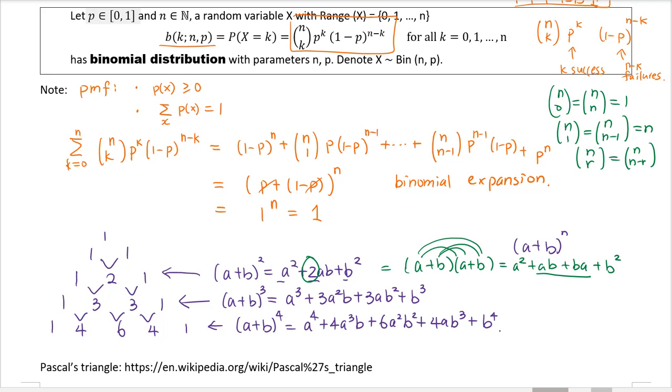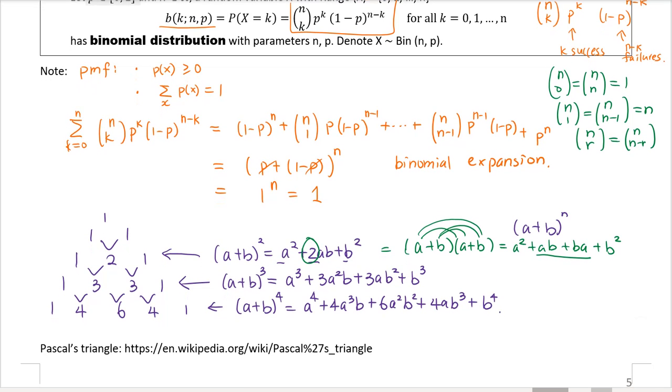So in general, we start with a plus b to the n. We start with the first term, a to the n. And then for the next one, we want to have 1 a and n minus 1 b's.